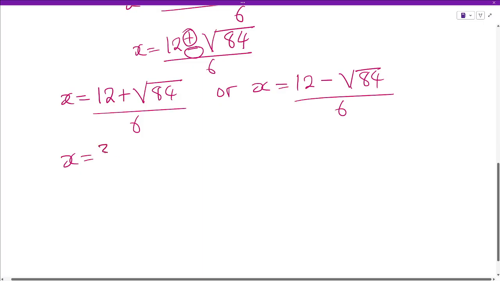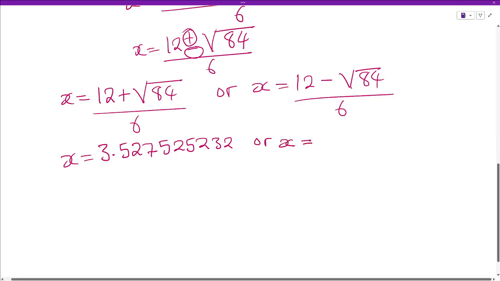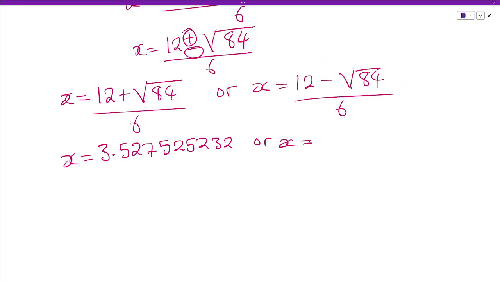This one gives me 3.527525232. Then x is equal to, we now punch this part: in brackets 12 minus the square root of 84, close bracket, everything over 6.